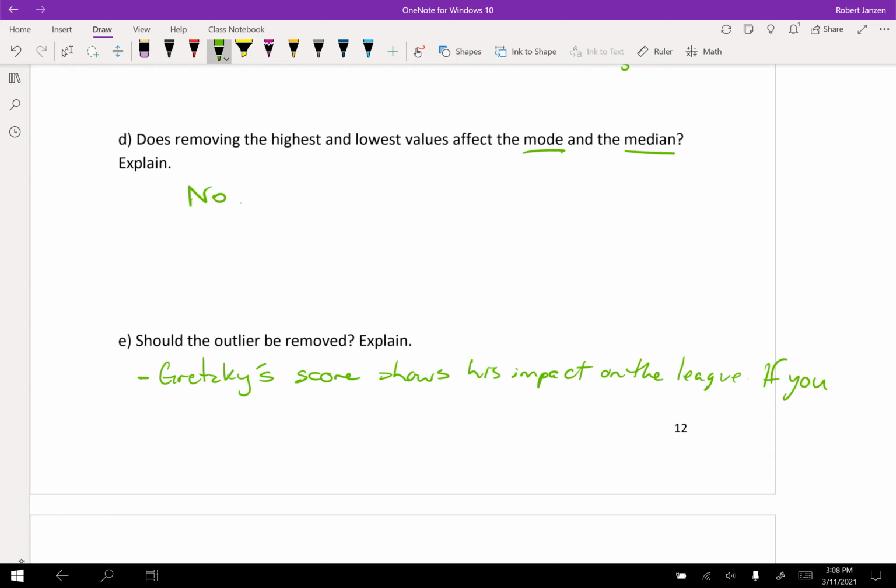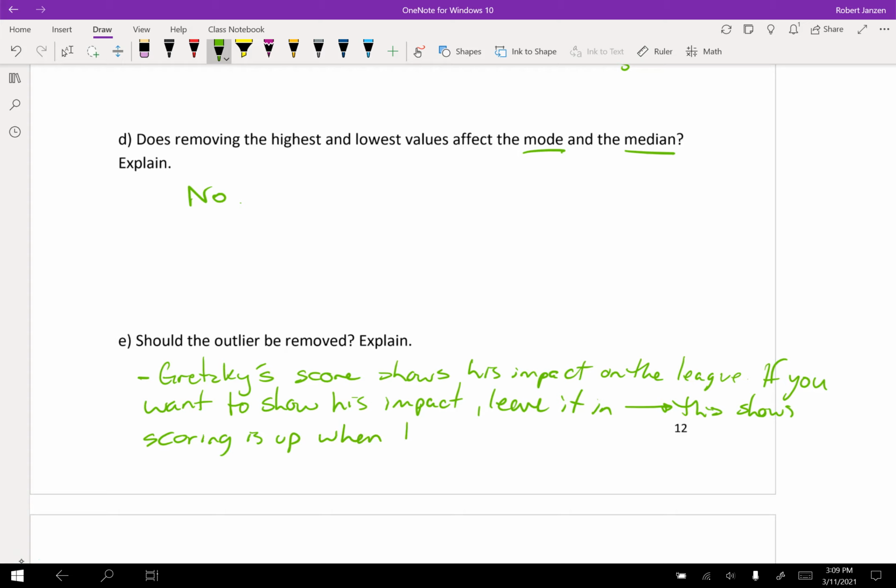If you want to show his impact, leave it in. This shows scoring is up when he plays. Okay, that's just an example. You could probably think of other answers too. That's just one.